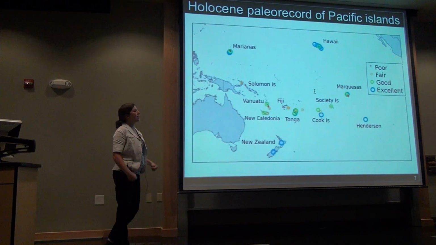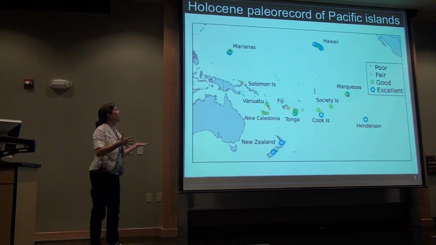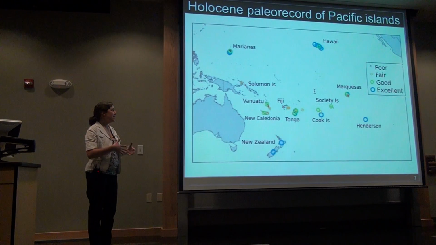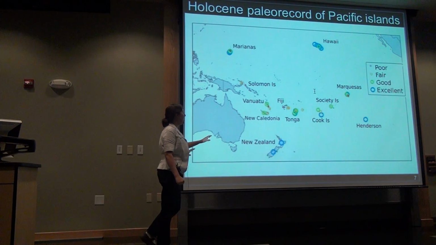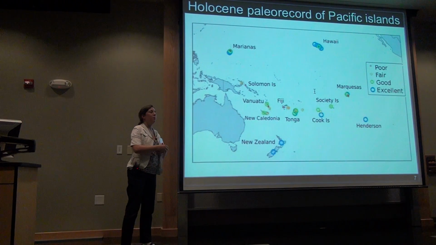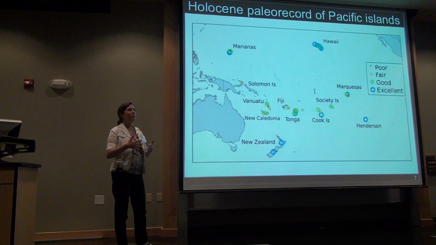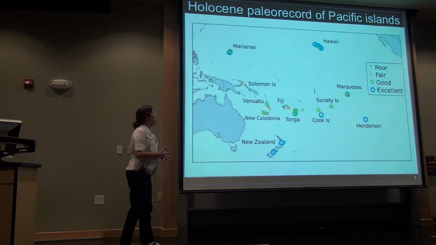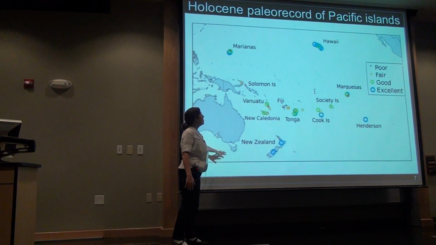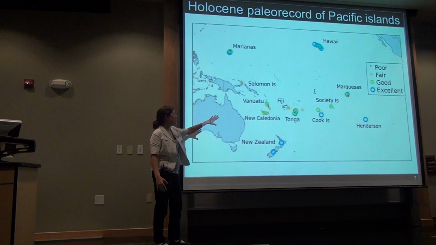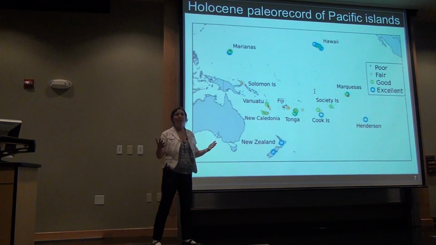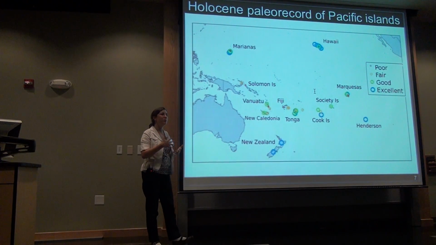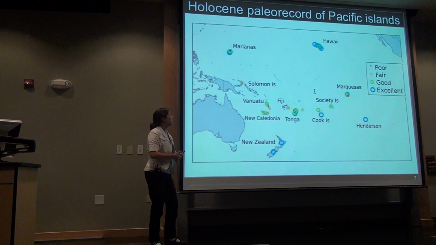So here's an overview basically summarizing how good the fossil record is of this extinction event across Pacific Islands. Now, this is data that I've collected from both my own fieldwork and many published accounts of fossil sites. So you can see that many areas have an excellent fossil record, meaning that over 90% of living species have also been recovered as fossils.